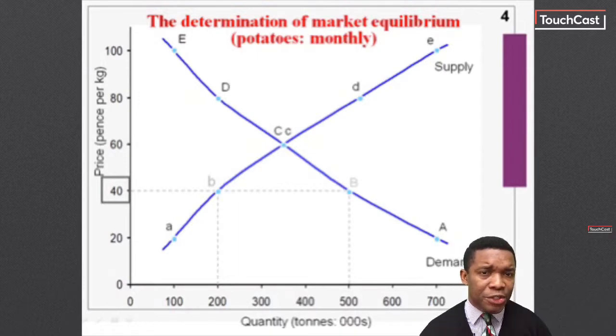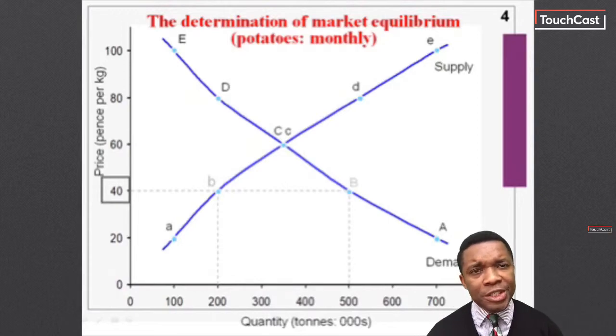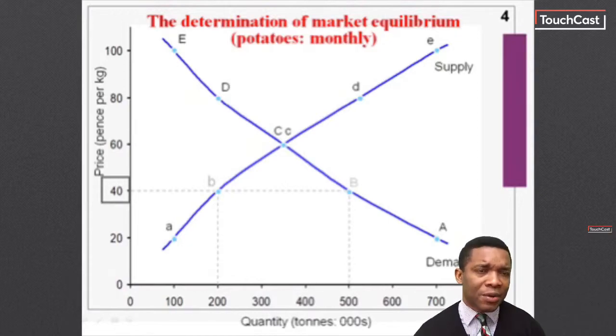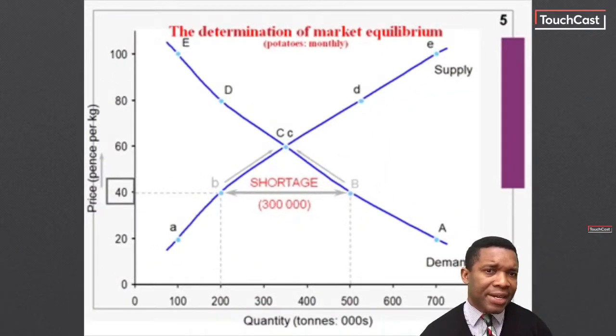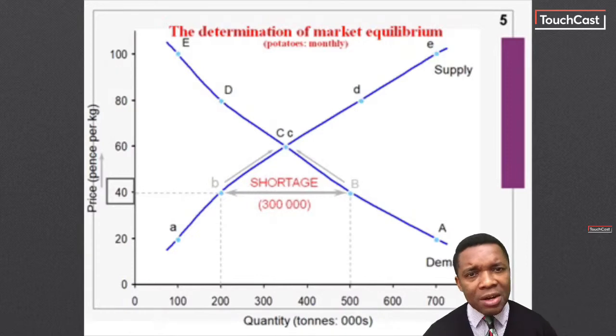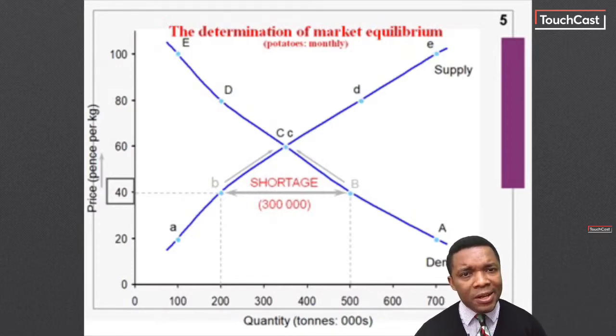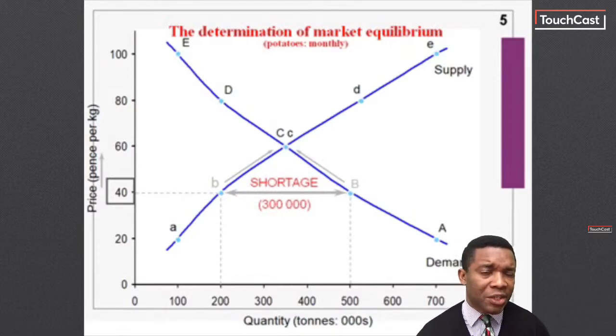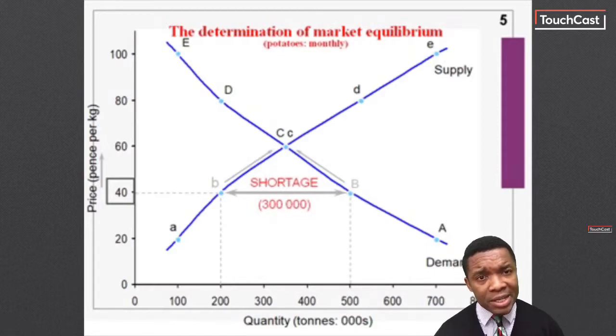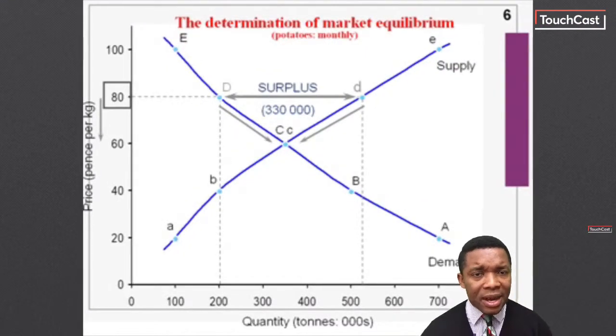However, it is important to note that shortage positions are positions found below the equilibrium price. For instance, by paying attention to the intersection of the demand and supply curve, it is obvious that at price 40, we would witness a shortage of 300,000 tons of potatoes. In a similar vein, price points above the equilibrium point are referred to as surplus points.